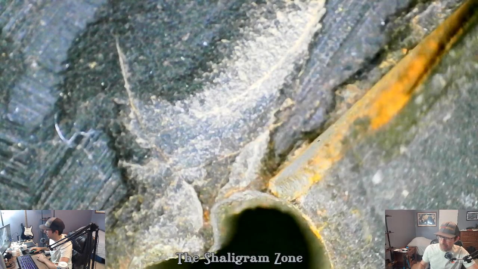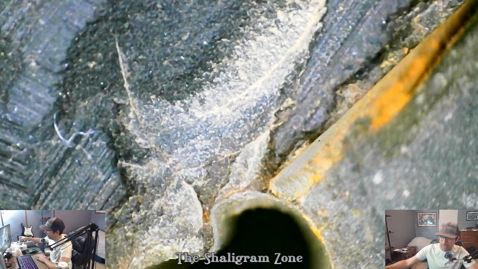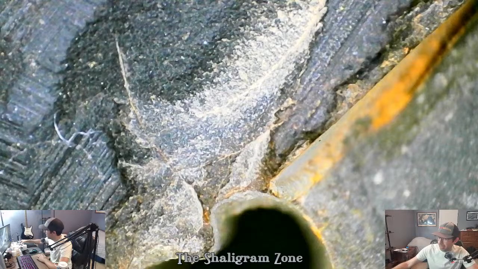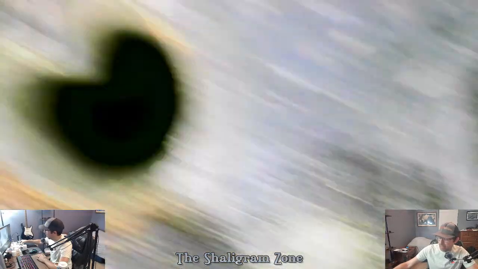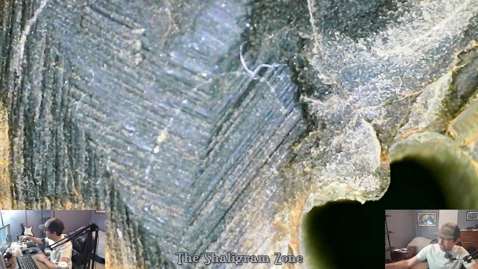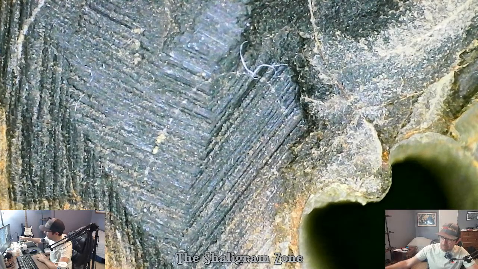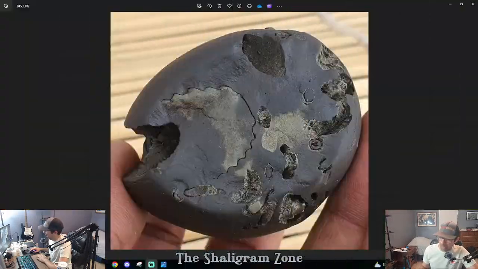Hope it's like this one. This one's so cool. There's so many features on it. Oh my god. I hope it's like that. No, not the same, because it doesn't really have lines like that, but just epic to see under the microscope.